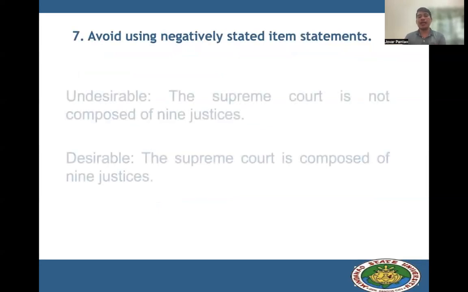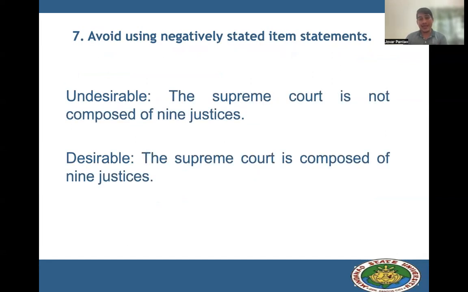Avoid using negatively stated item statements. So just like the multiple choice, we are to avoid the use of negative words or the double negatives, of course. So for example, in this statement, the Supreme Court is not composed of 9 justices.